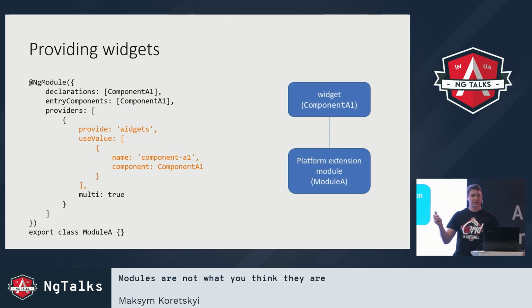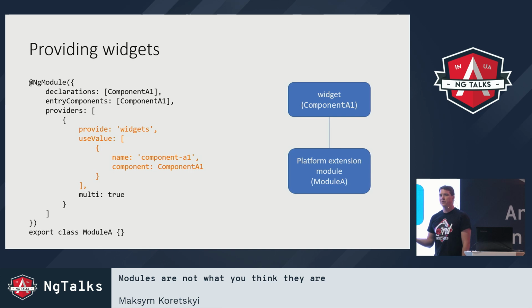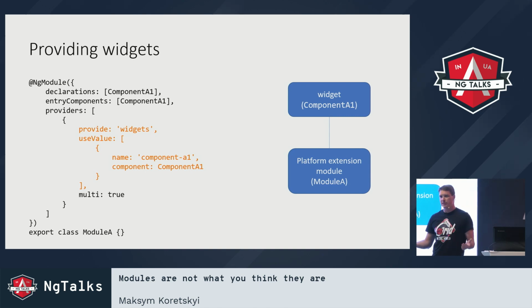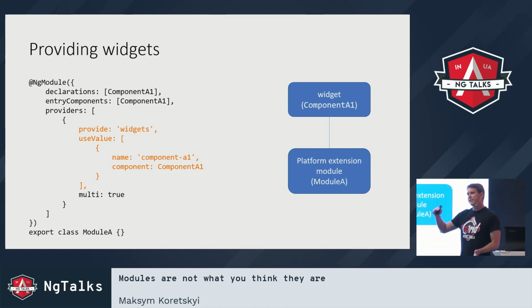Here's the relevant implementation. So I'm using the widgets token here, and I'm registering a widget definition with two important details. The first one is the name of the widget. This is for internal use, so we can have a registry of all widgets and work with them internally.